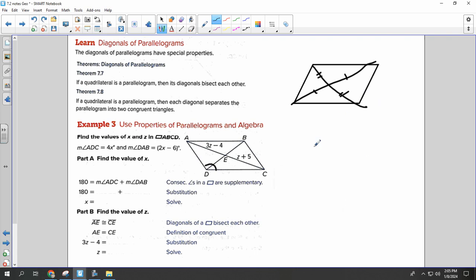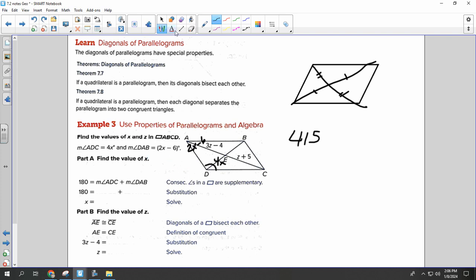Sorry, you guys, we just turned the page. We are on 415. So if ADC is 4x and DAB is 2x minus 6, then find the value of x.